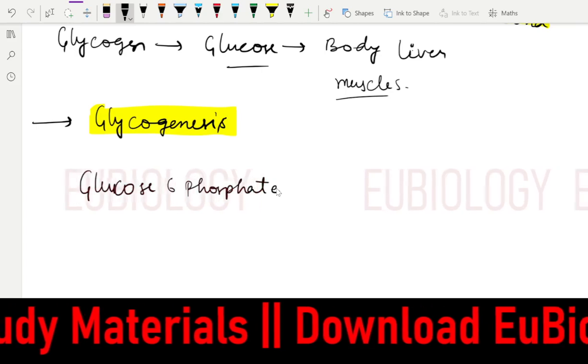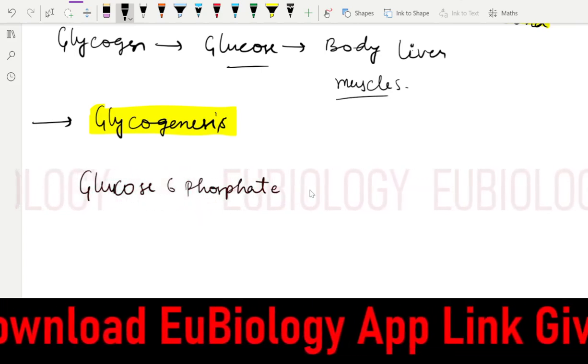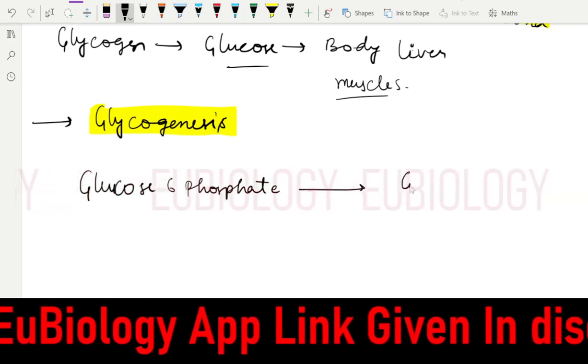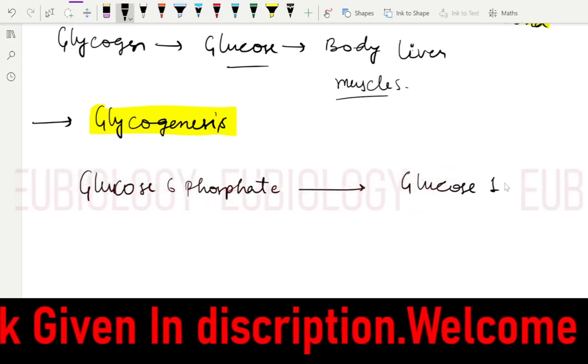This glucose 6 phosphate will be isomerized into glucose 1 phosphate.